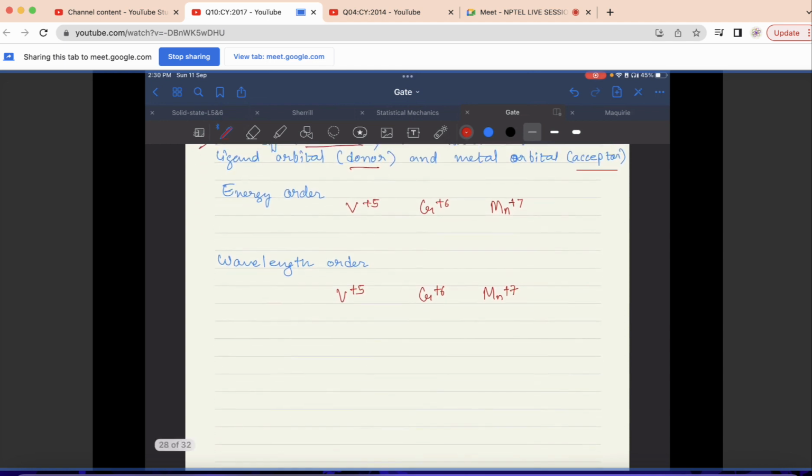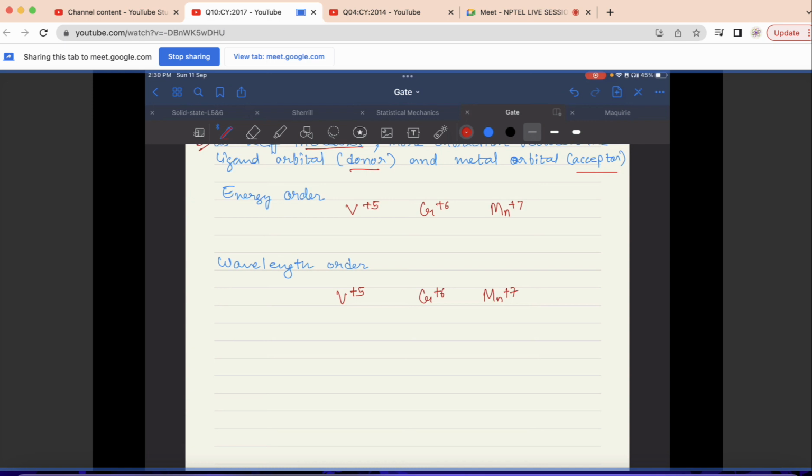So the oxidation states are as follows: vanadium plus 5, chromium plus 6, manganese plus 7. You can see the molecular orbital will look like this for Mn plus 7, where my ligand is here. For chromium, it will be a little higher, and then for vanadium.